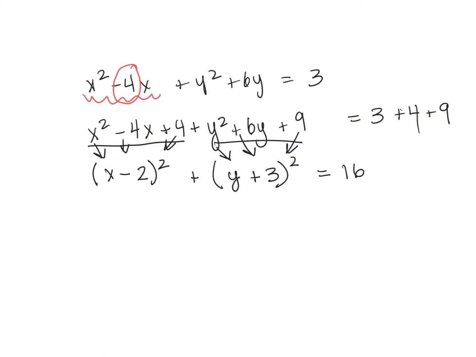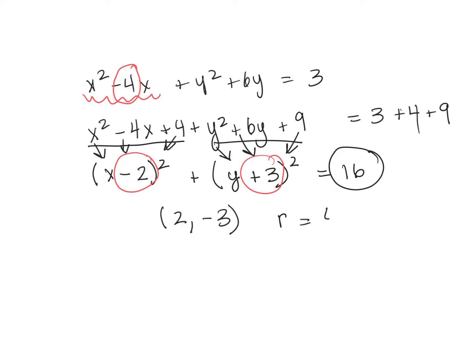So now we're factored into standard circle form. My center is the opposite of this and the opposite of this, so it's (2, -3). That's my center. And my radius is the square root of this. The square root of 16 is 4.